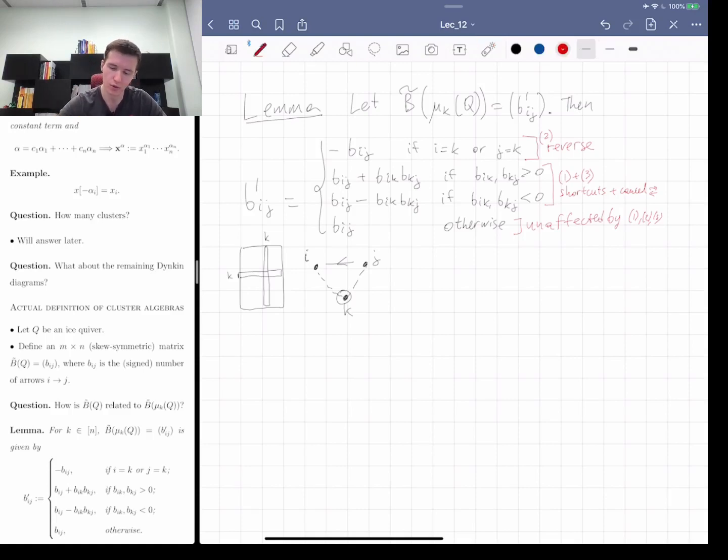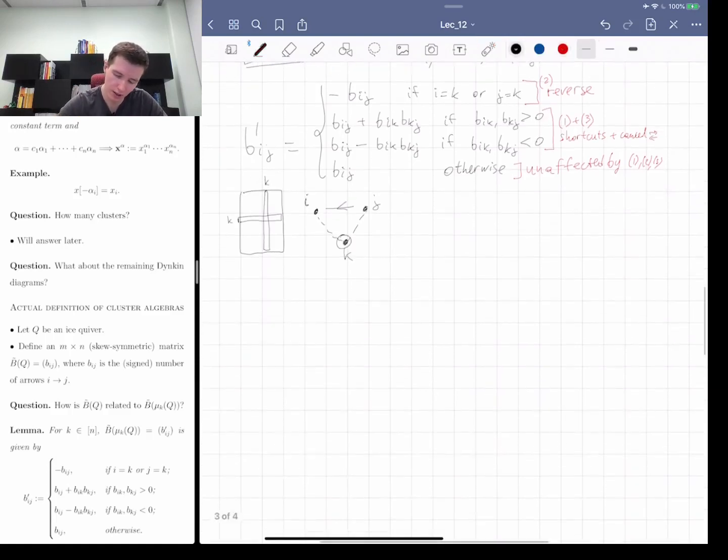I'm going to discuss this more next time, but let's say B tilde is given by 0, -1, 2, 0, 4, 1 or something like this. Let me swap the signs, let's say this is -1, this is 2, something like this. And then I perform mutation at row and column 1.